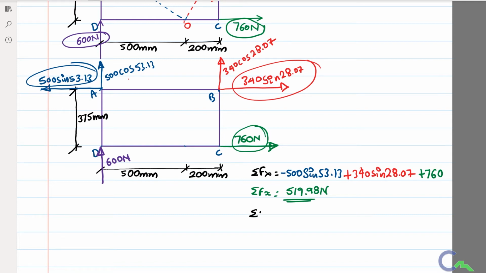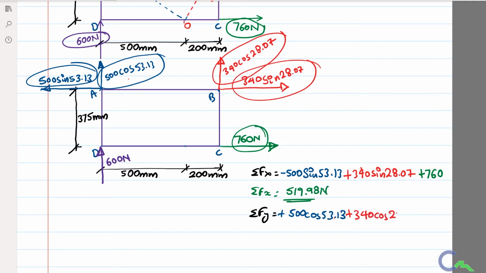Now I am going to do the summation along the y-axis, sigma Fy. The vertical component of the 500 Newton force is acting upward, so I take it as positive 500 cos 53.13, plus the vertical component of 340 acting upward, therefore 340 cos 28.07.